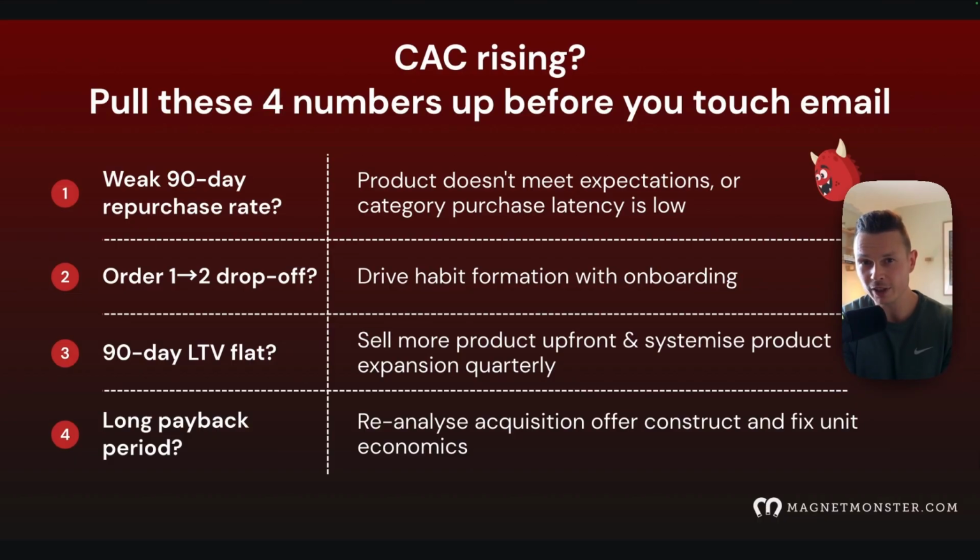And then obviously you're not necessarily improving the repeat purchase rate, but you're making the unit economics more sustainable, because if you collect more cash up front, then you can afford to spend more on acquisition costs. So that's one of the best strategies to mitigate a flat 90-day LTV. It's just to sell more to the customer up front.